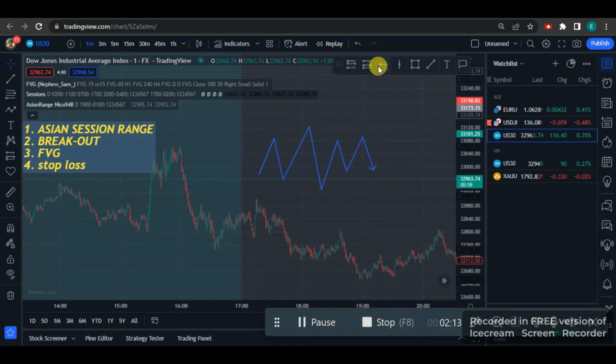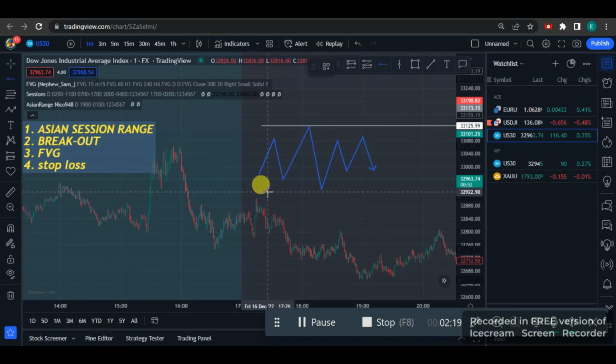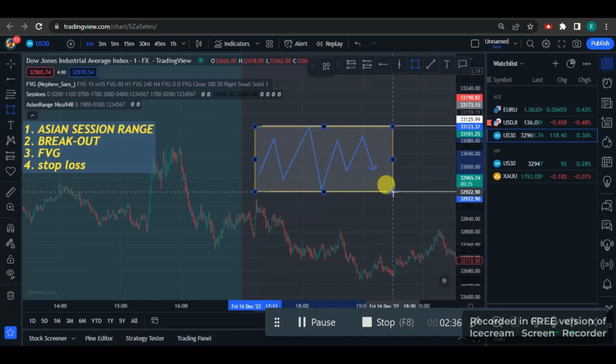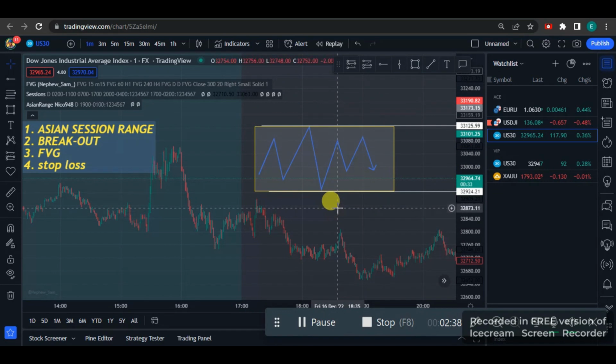So what you want to do now is look for the highs and the lows of the Asian session range. When I mean the highs and the lows, I mean the highest point price got to within that Asian session range. Like this is the highest point price got to, and this is the lowest point price got to. So what I usually like to do is pick out this rectangle tool and draw a box around this Asian session range like this.